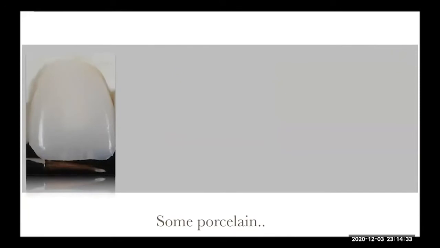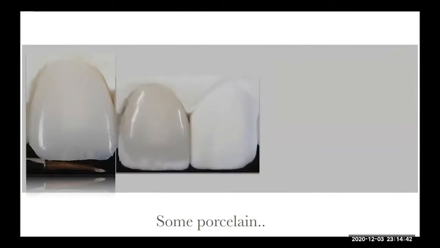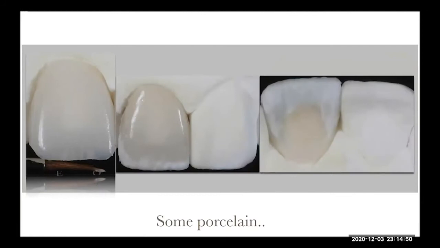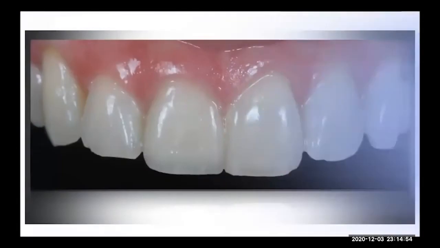Okay. So for the tooth that I need to mimic, I use this kind of effects. Some cream, some blue, some white, and then I bake it, and I did all my stratification with Opal 1 from IMAX Ceram. Okay.